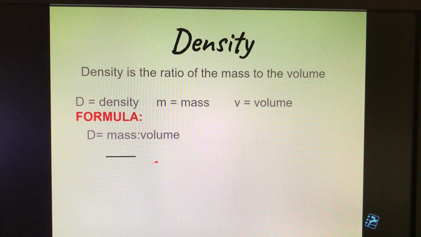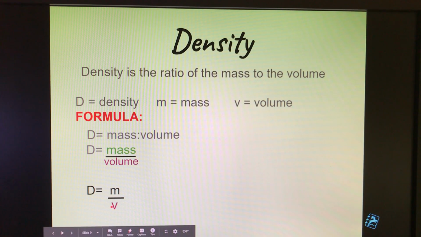It can also be expressed as D equals mass divided by volume. Or, the way I like to show it, D equals M, mass, divided by volume.